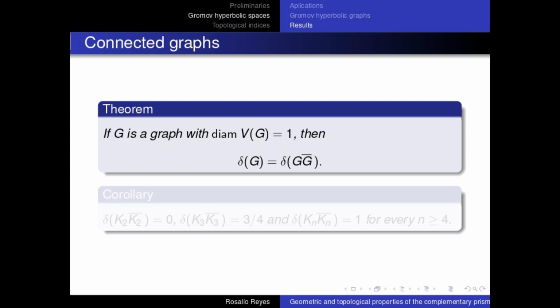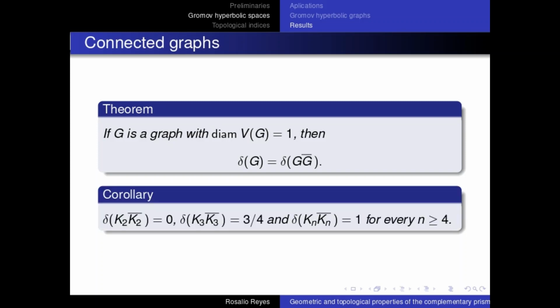In general, when we consider connected graphs, the diameter of vertices is the parameter that gives information about the hyperbolicity of the complementary prism. For the case of the diameter of vertices equal to 1, we have the following result. This result has the following consequence.